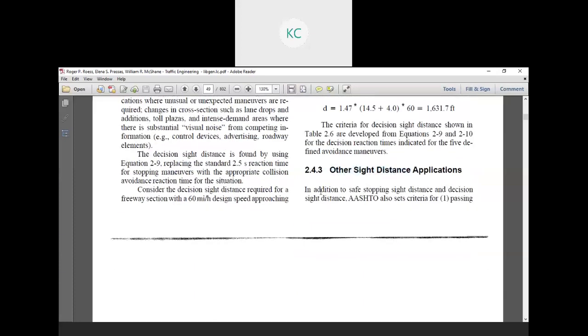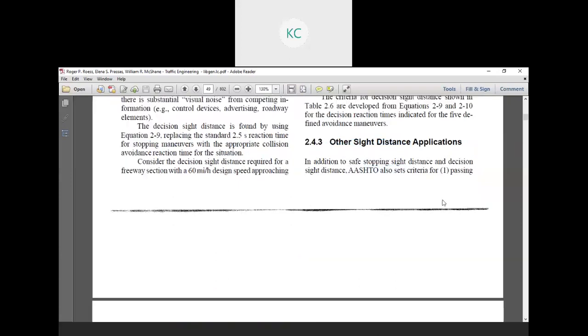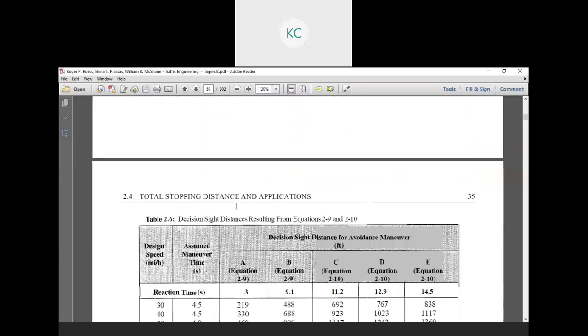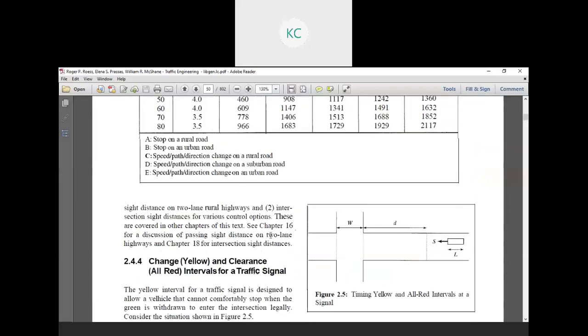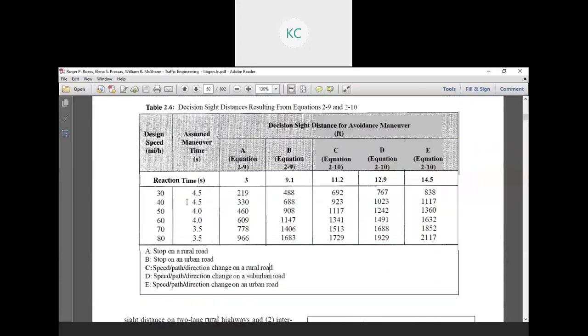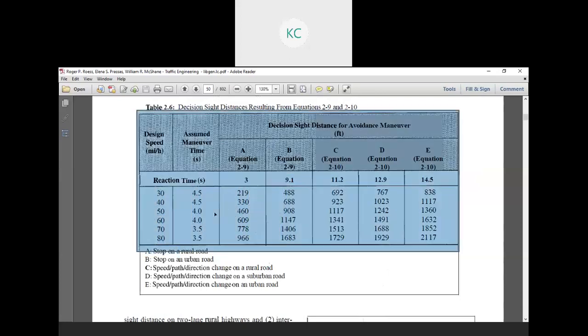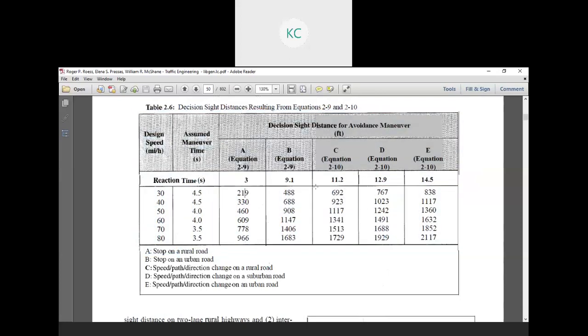Other sight distance applications: in addition to the safe stopping sight distance and decision sight distance, AASHTO also sets criteria for the passing sight distance on two-lane rural highways and intersection sight distance for the various control options. So this kind of decision sight distance is available with reaction times, design speeds, and different equations that give the distances.